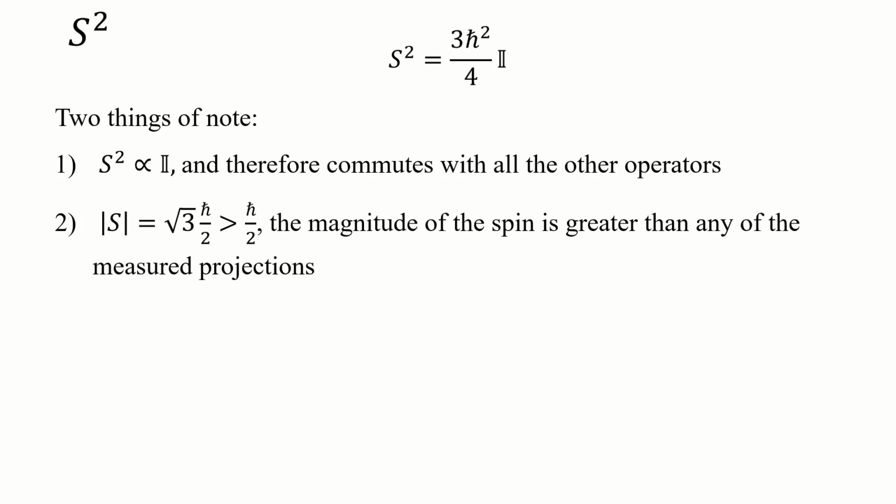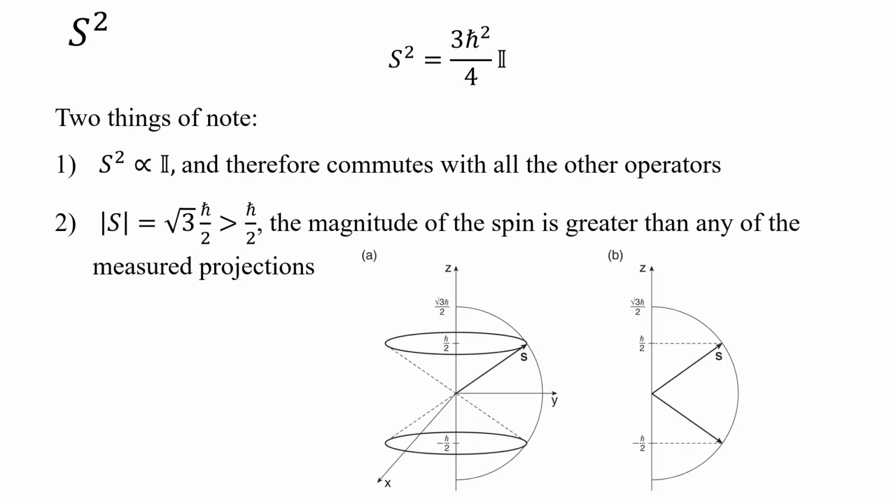So we have this weirdness if we try to think of this as a vector pointed in some direction, right? We can think of it, if we really want to stick with that thought, as some vector of length root 3 h bar over 2, and let's say we've measured it spin up in the z direction.